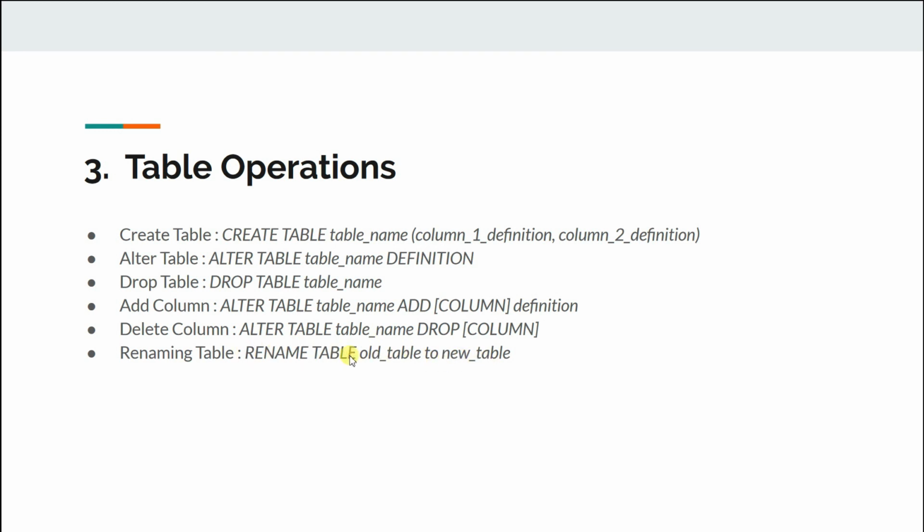Okay, so that was one way of renaming a table. And we also drop the table using drop table. We also drop the column using alter table name, and drop the column name. Okay, so these are the things we went through in this chapter, this part. Okay, so we will move on now.